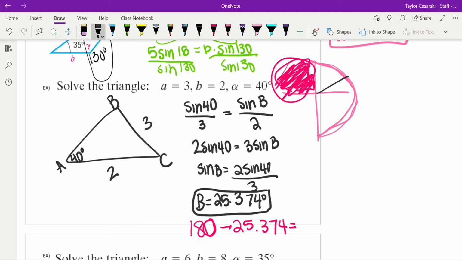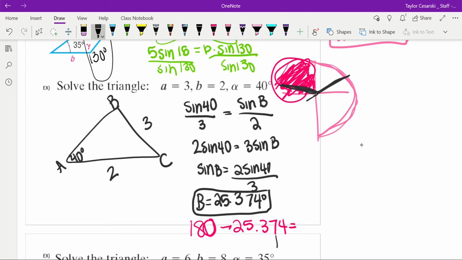So 25 degrees, that will give us the angle on the opposite side, okay? So 180 minus 25, so that will actually give us over here about 155. So that will give us the angle with the same sine value. Think about the same height. It will give us the value that has the same height, the same y value, the same sine, okay?